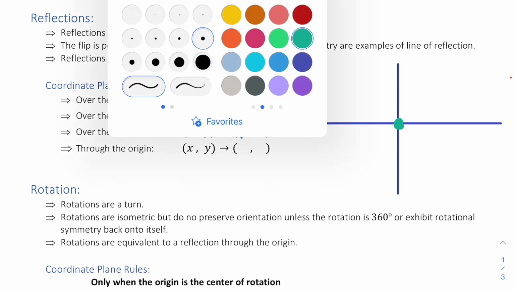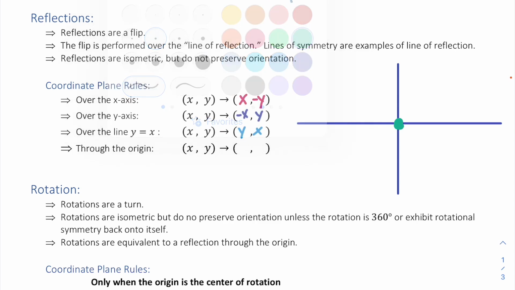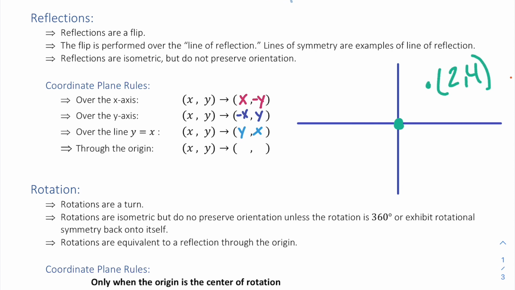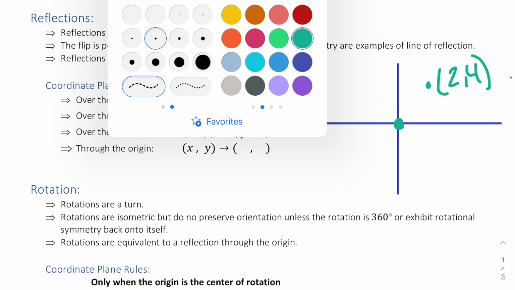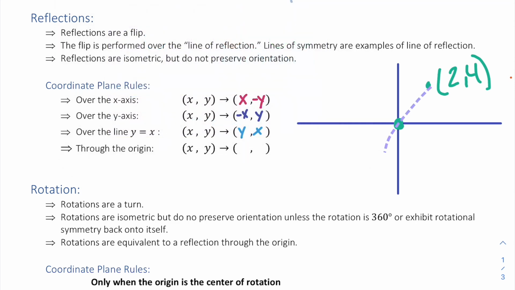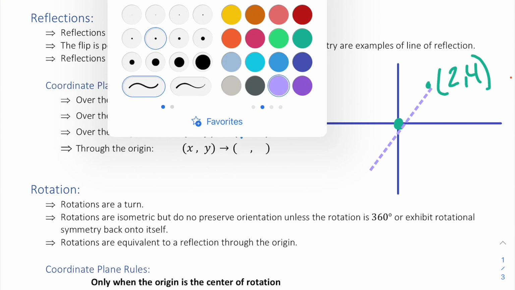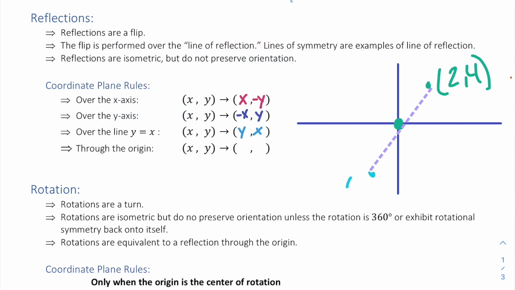Like if I had 2, 4 and I'm reflecting it through my origin, it might be down here, which is now -2, -4. So the values are staying the same, but their signs are switching.